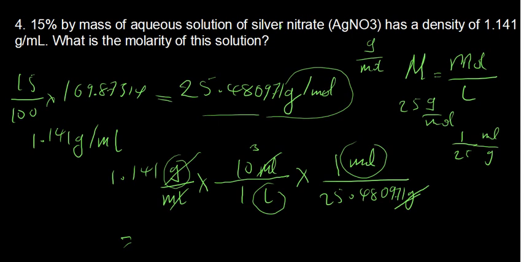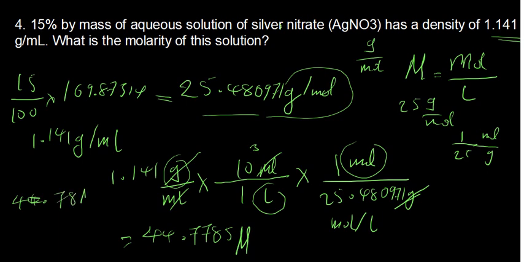So our answer is 44.77851 molar, which is mole per liter. This one had 4 significant figures, so let's write our answer to 4 significant figures. That is 44.78 molar.